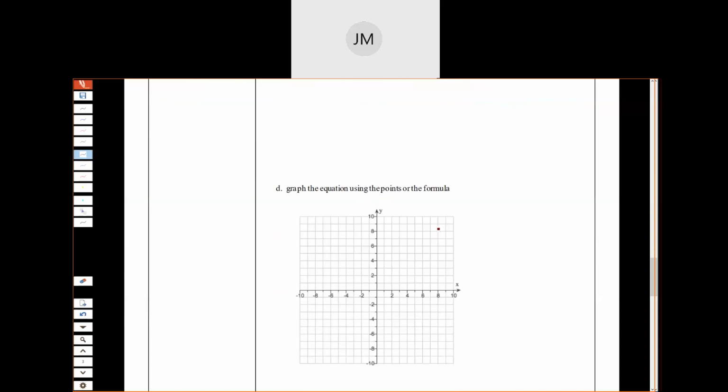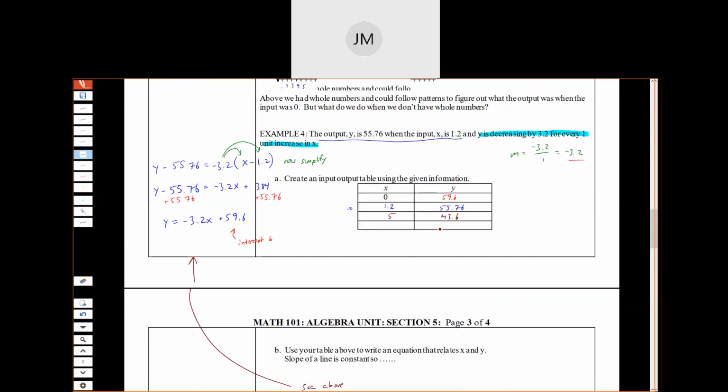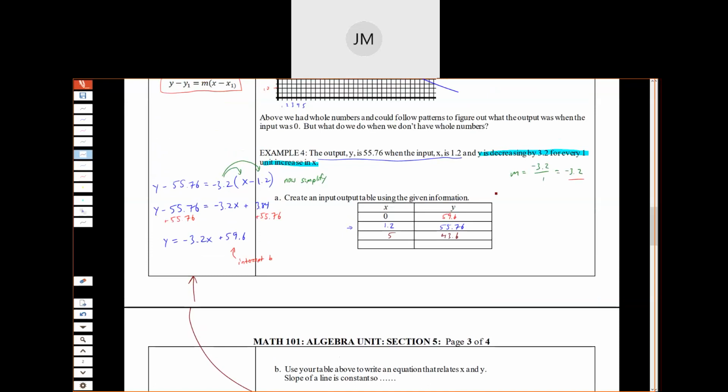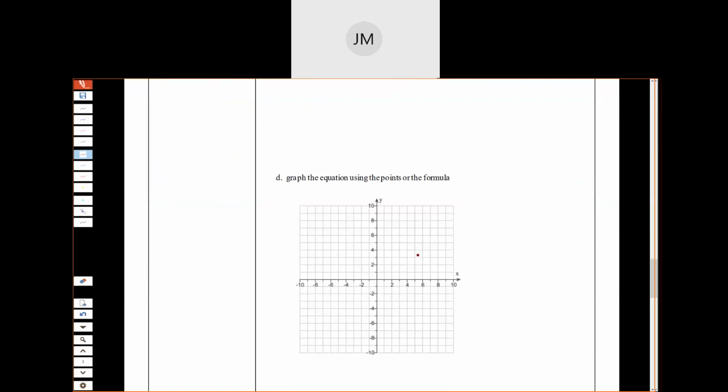My y-intercept is really close to 60, so I'm going to need to change the scale a little bit. Let's just make it 10 times bigger. Let's say that this is 60, and so on.